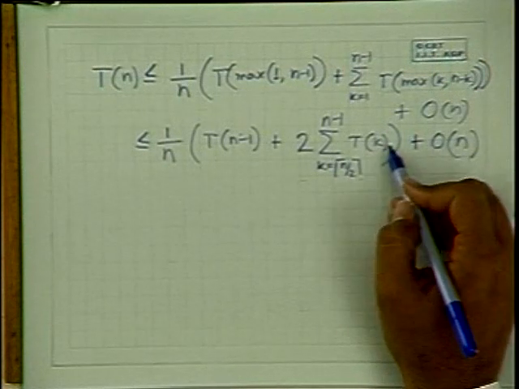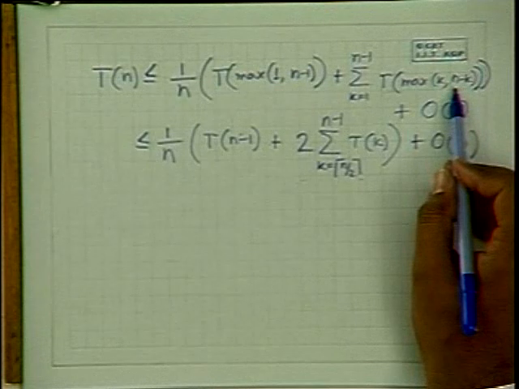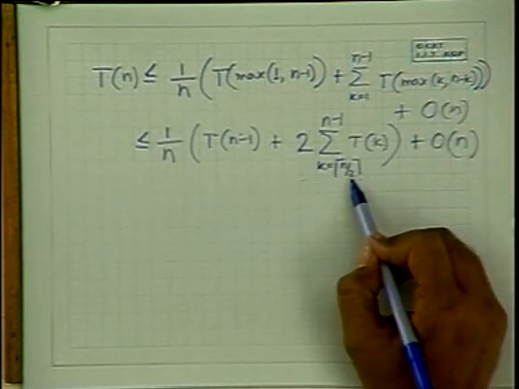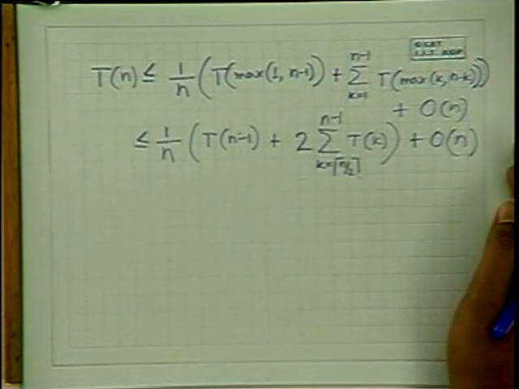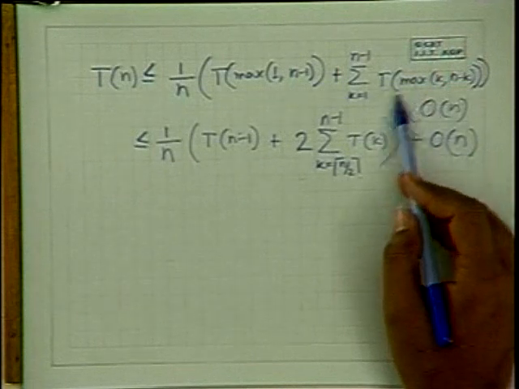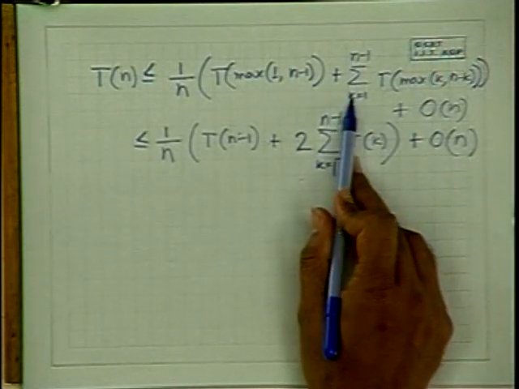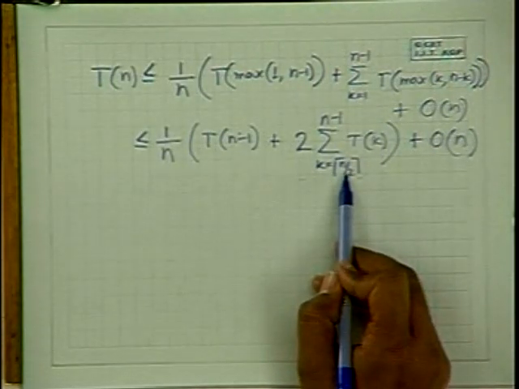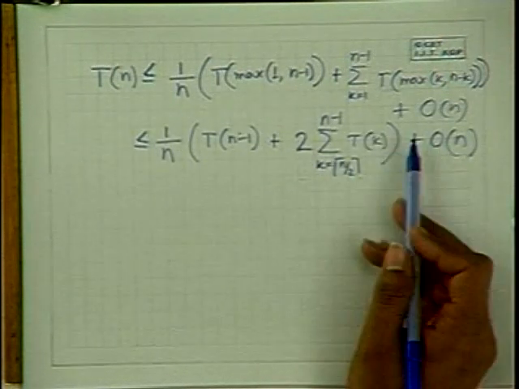Between k and n minus k, the maximum is always within n over 2 ceiling and n minus 1, the upper half. So I can always take that and put a 2, because the left half, which is from k equal to 1 to n over 2 minus 1, I am approximating with always the upper part.